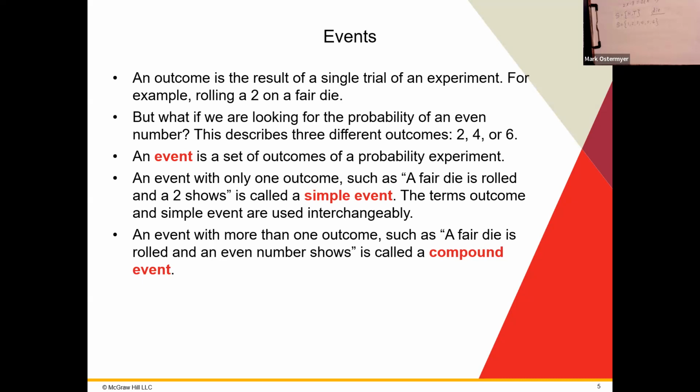So, for instance, if I'm rolling a die, let's say, what would be the probability of rolling an even face? We could define that to be an event because there's more than one possible outcome there. We could roll a 2, 4, or a 6.